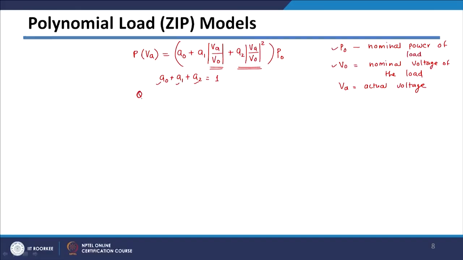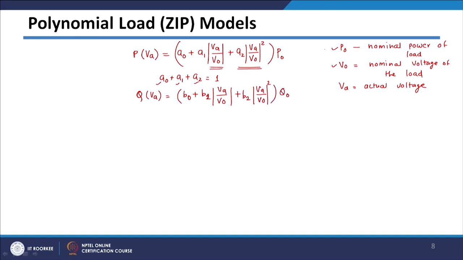Exactly in a similar way I can write Q, which also depends upon VA, and in this case the constants may be different: B0, B1 and B2, with B1 multiplying VA divided by V0 and B2 multiplying VA divided by V0 whole squared, all into Q0.